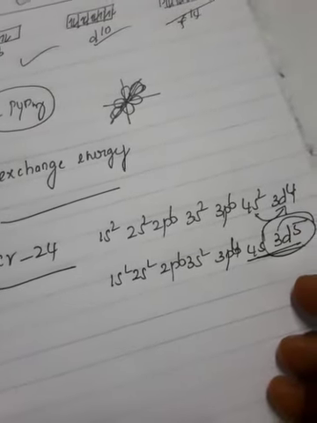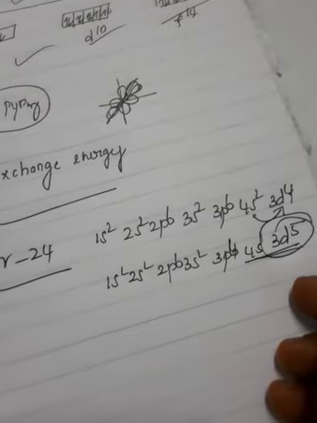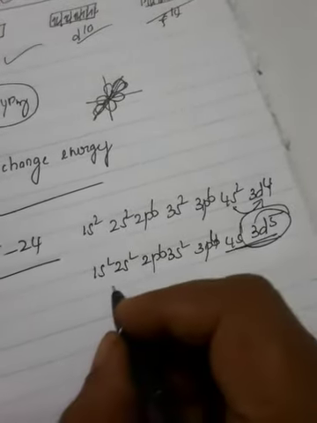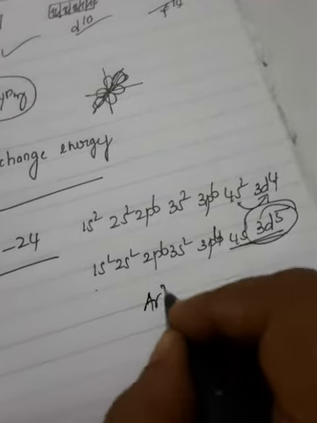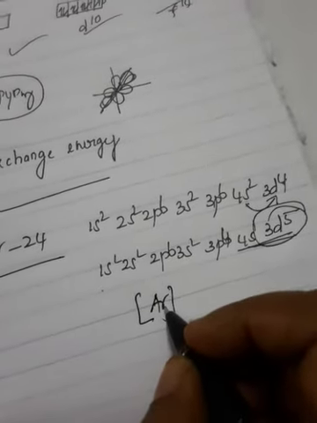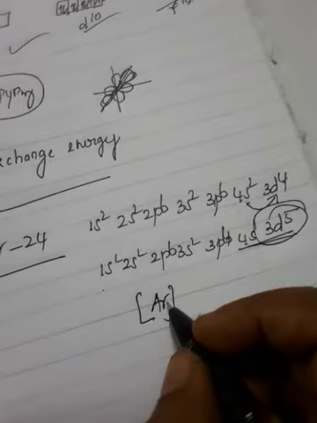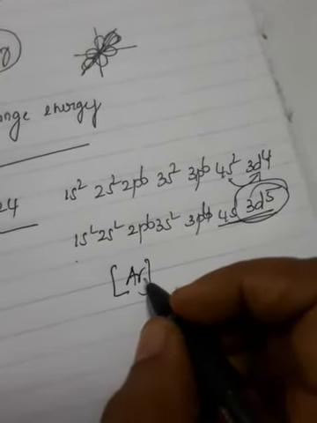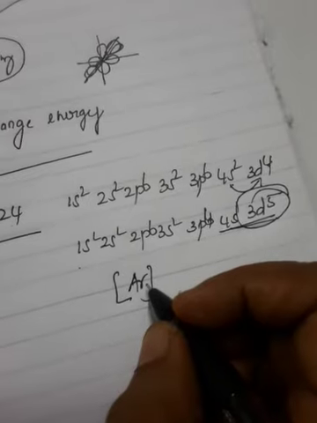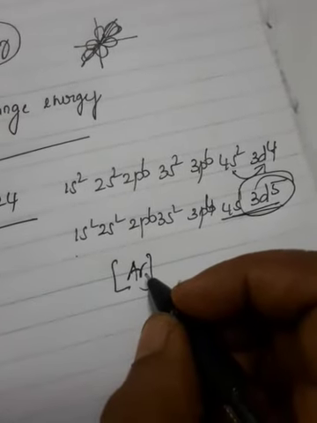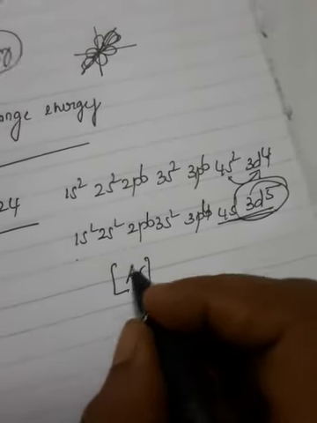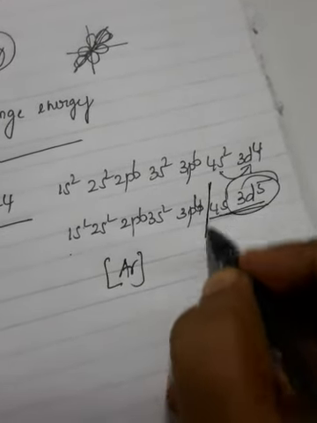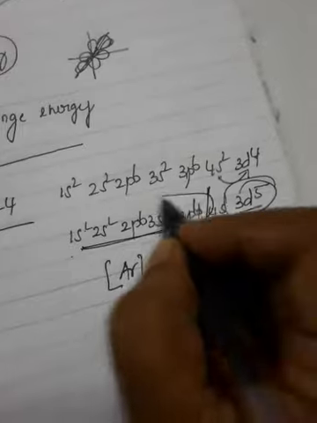due to symmetrical distribution and exchange energies of d electrons. This also can be written as argon configuration. Argon means atomic number 18, one of the noble gases. All the noble gases have stable electronic configuration because their outermost shells are fully filled. So 2, 4, 10, 12, 18, up to this. This is atomic number 18.